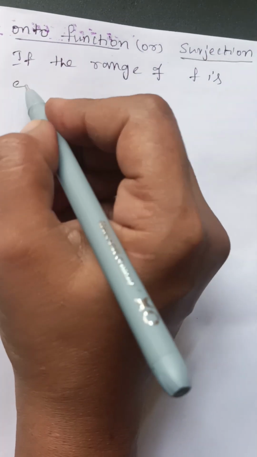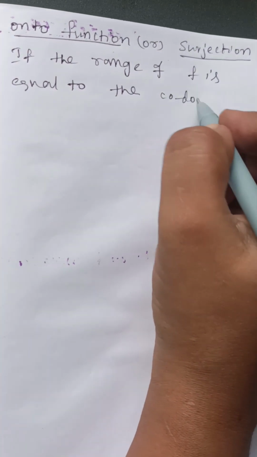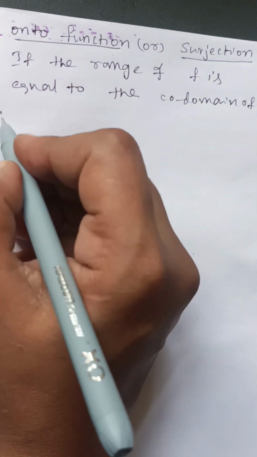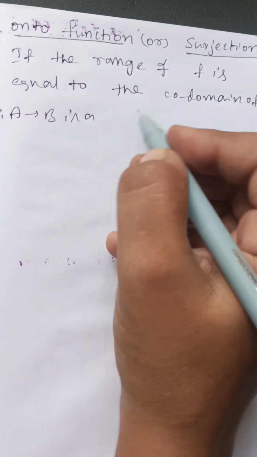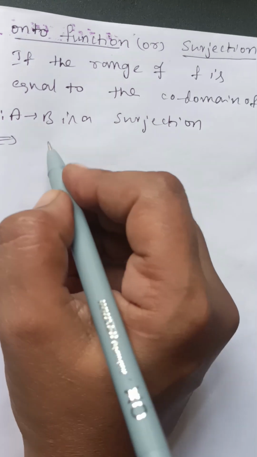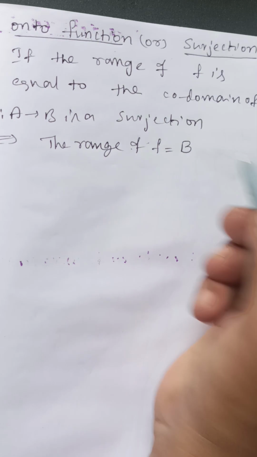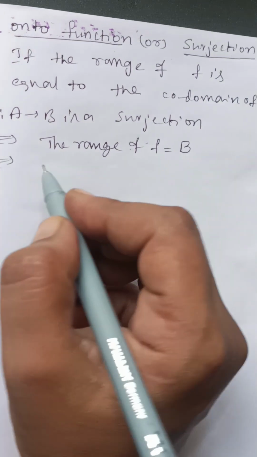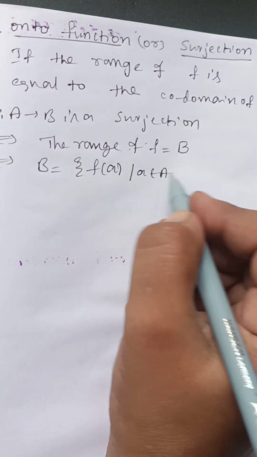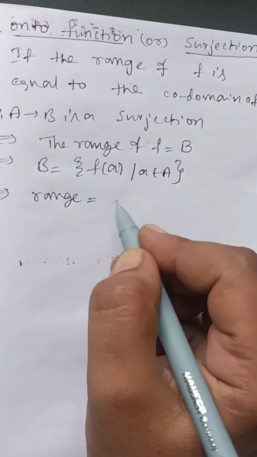If the range of f is equal to the codomain of f. f maps A to B is a surjection if and only if the range of f equal to B, the second set, or B equal to f of a where a belongs to A.